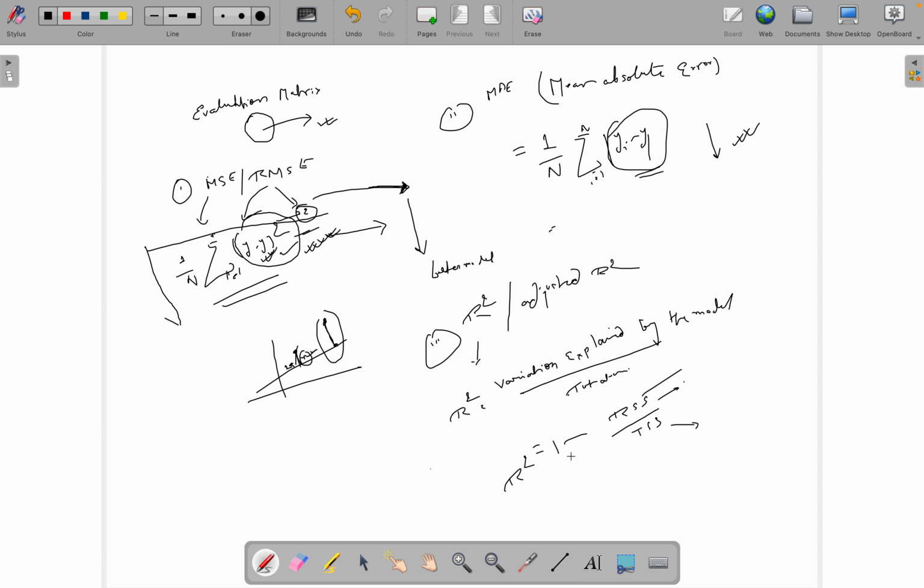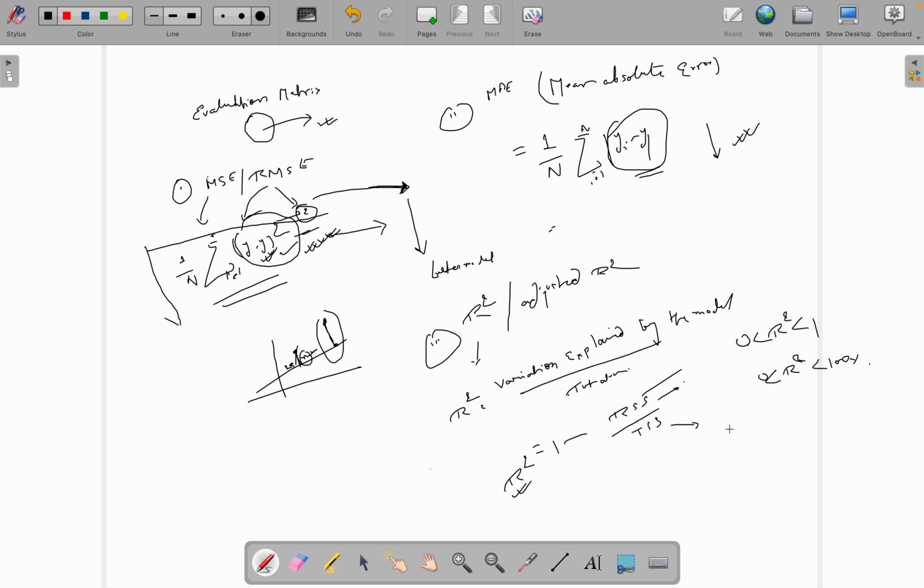So R square is the coefficient of determination, as we have seen. The R square value generally ranges from 0 to 1, or you can say 0 to 100%.